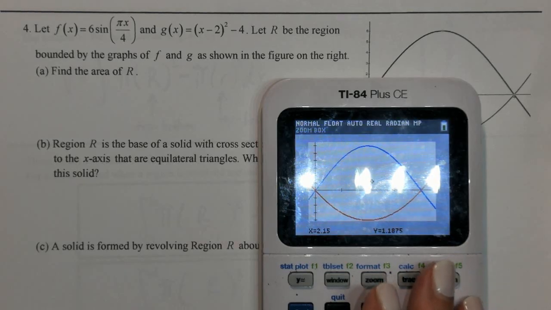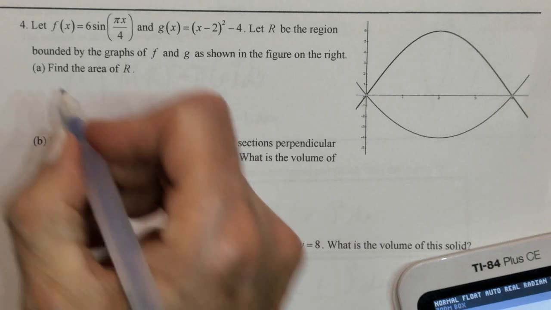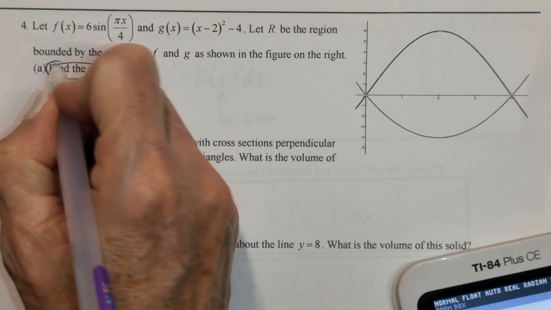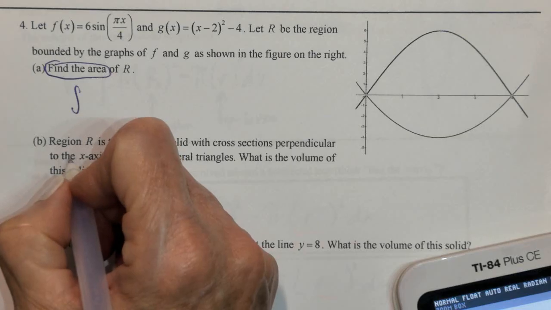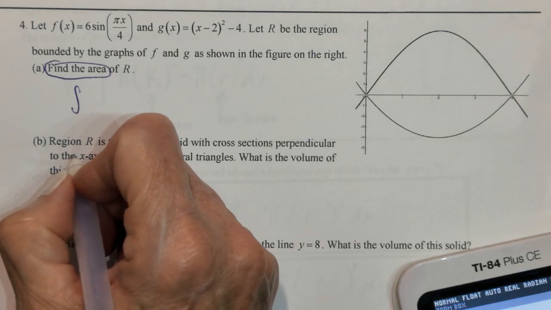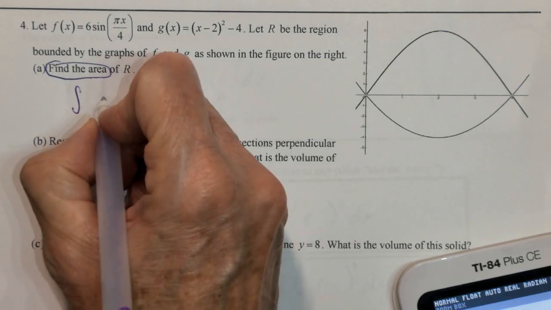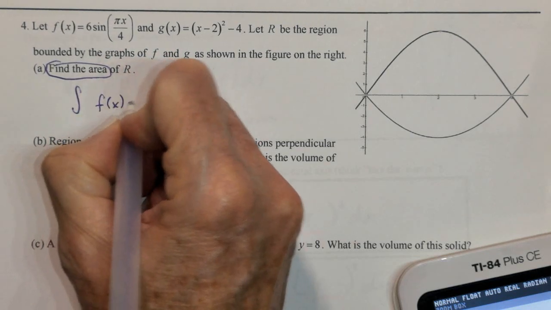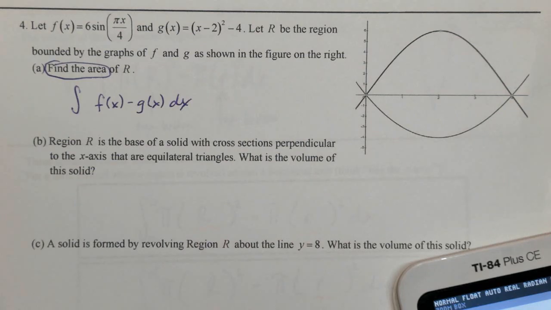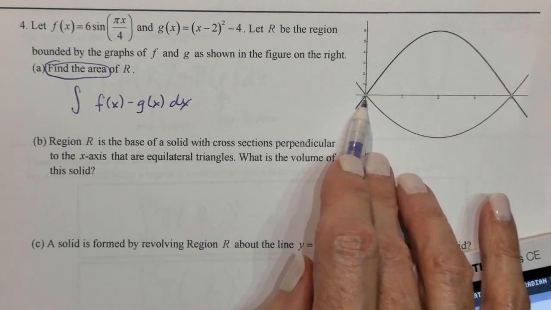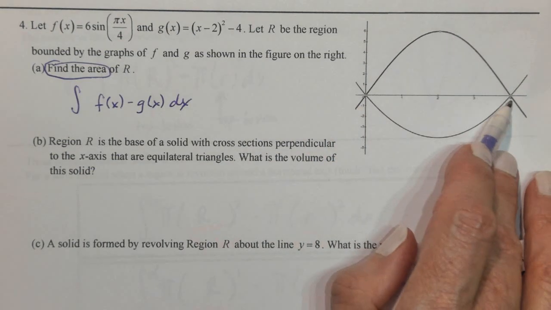Okay, first up we're going to find the area of R. Area is the integral of top minus bottom. What was on top, what was on the bottom? F was on top, right? So f of x minus g of x dx. What are our boundaries? They gave me the boundaries, 0 and 4. They are not going to try to trick you.